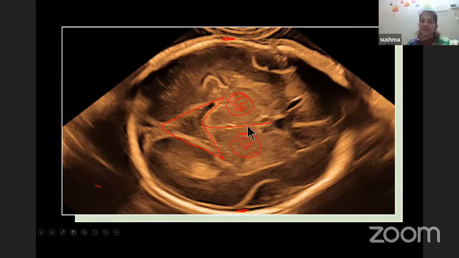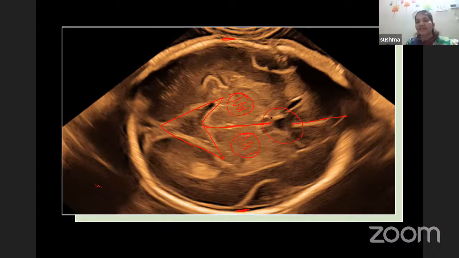Falx cerebri, what is falx? Falx is the dura mater invagination between two cerebral hemispheres. So it is a midline structure and it is definitely seen in the midline. But as you notice, the midline falx that is present here is interrupted in between in this area.